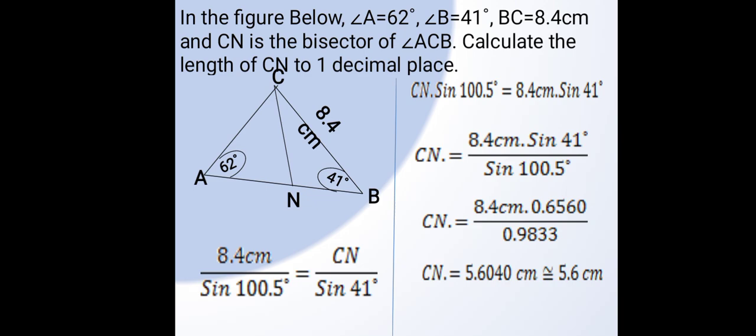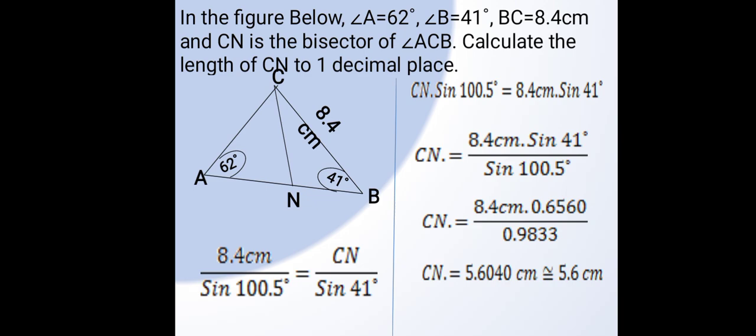In the figure below, angle A is equal to 62, angle B is equal to 41, BC is equal to 8.4 centimeters, and CN is a bisector of angle ACB. Calculate the length of CN to 1 decimal place. Now here we can use the sine rule.